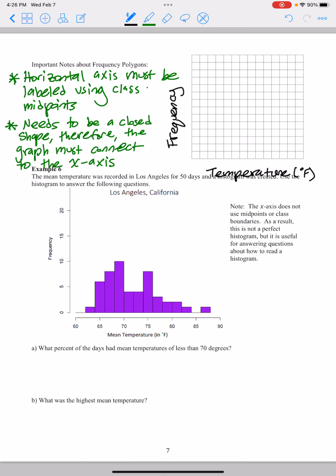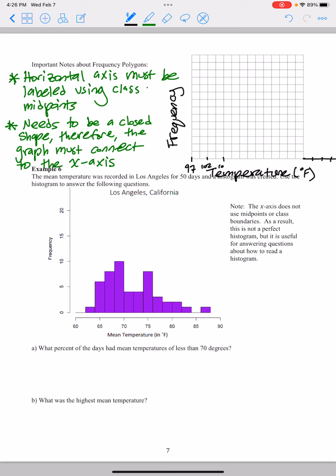And we need to have class midpoints on this. So I'm going to start over here at 102. You always need what would be the midpoint of a class before the one that you're utilizing. So if we took 102 and subtracted 5, we would end up with 97.